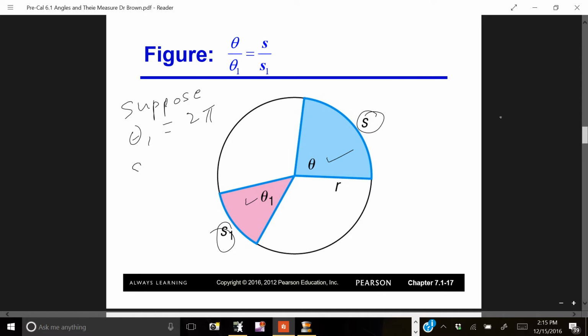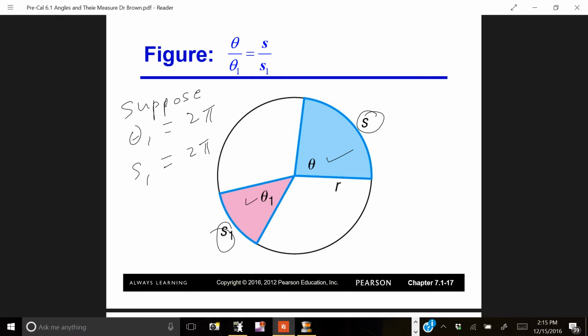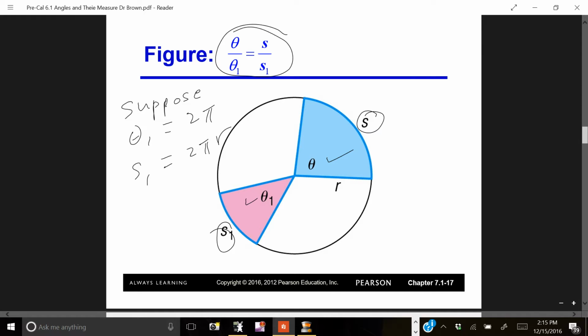That means S1 would be 2 pi times r. And because the ratio of the angles is directly proportional to the ratio of the arc lengths, we would now have theta over theta 1, which is 2 pi, equal to S, which is the arc length corresponding to theta, divided by S1. S1 would be 2 pi r.